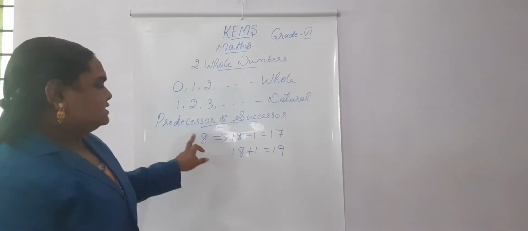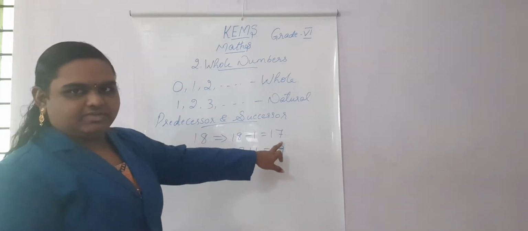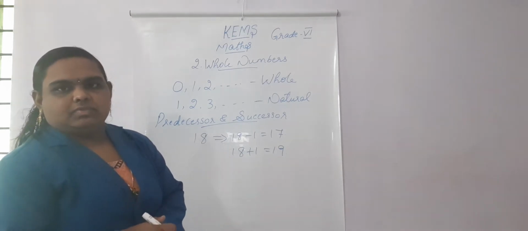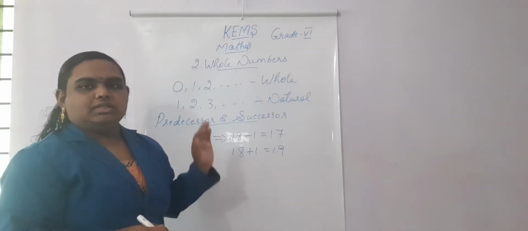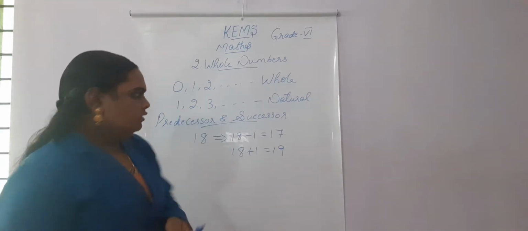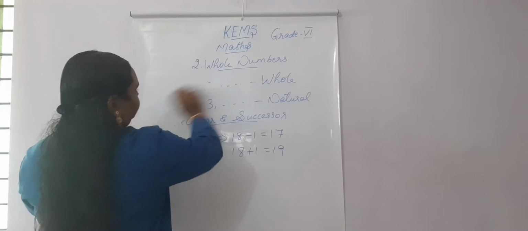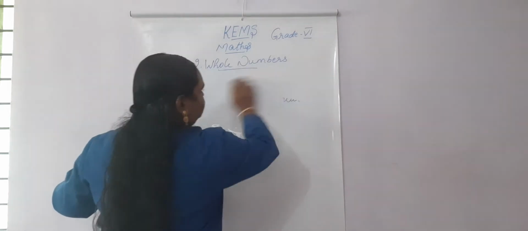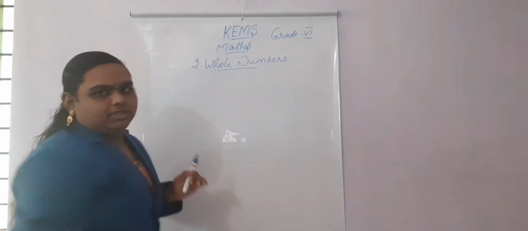So, the predecessor of number 18 is 17 and the successor of 18 is 19. Did you get the difference between these two? This is the method we have to follow.